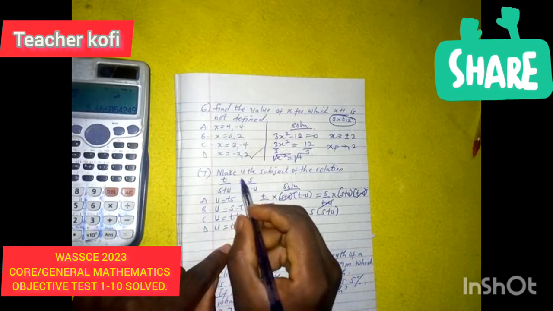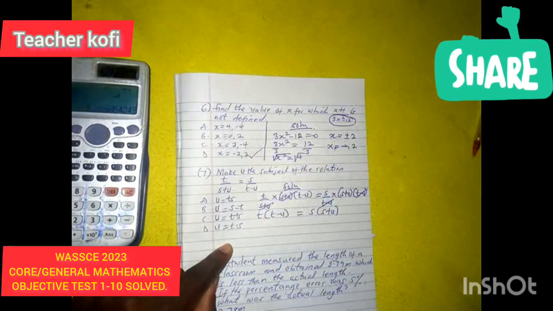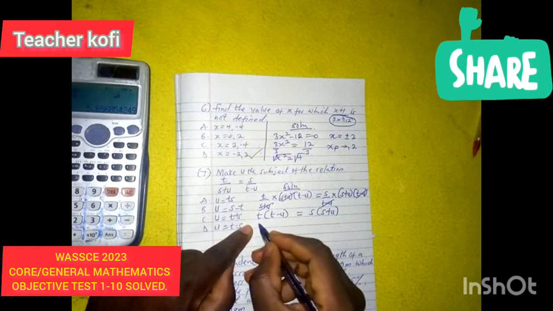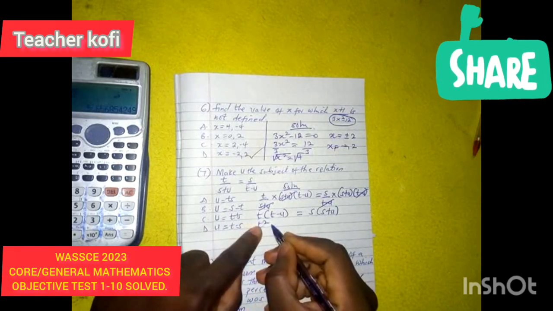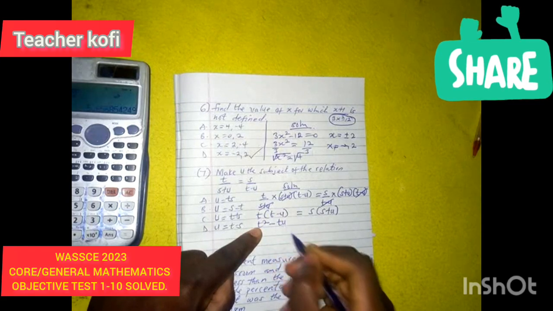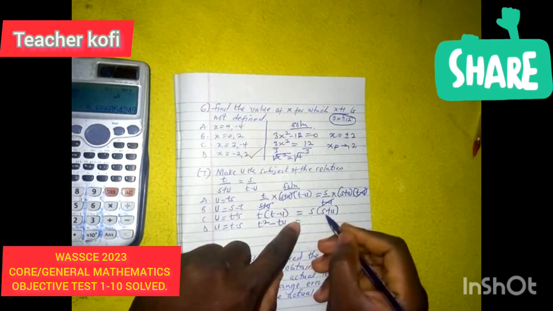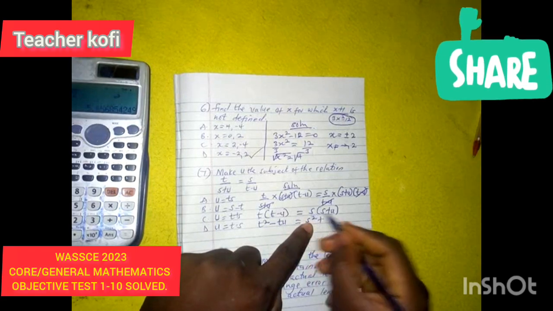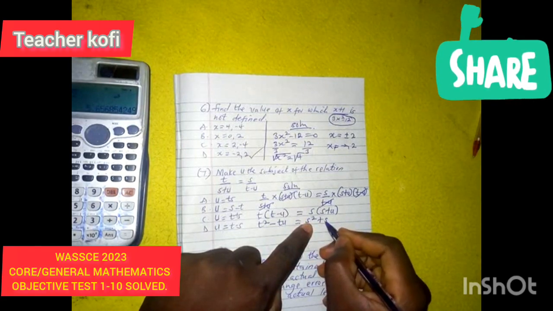But we were asked to make u the subject, so we first of all have to expand it. So this times this will give us t squared minus t times u minus tu equal to s times s will give us s squared plus s times u will give us su.